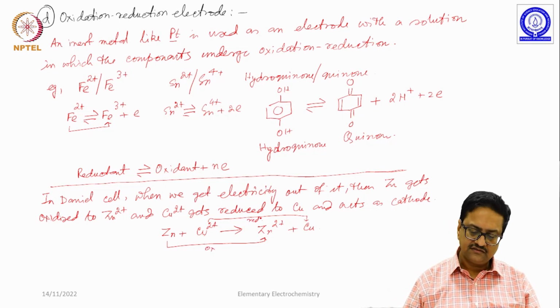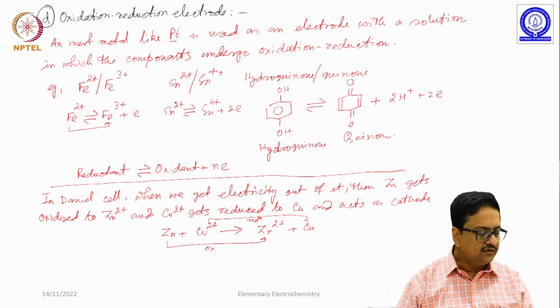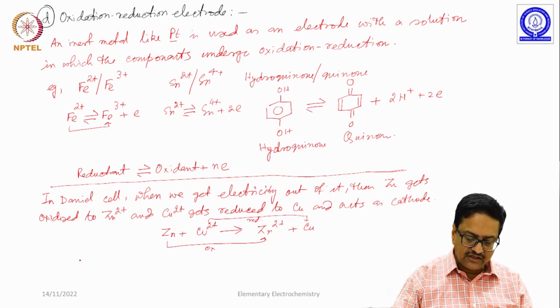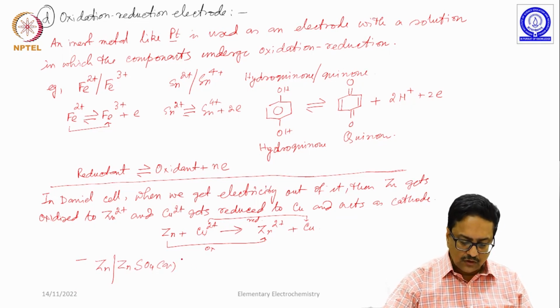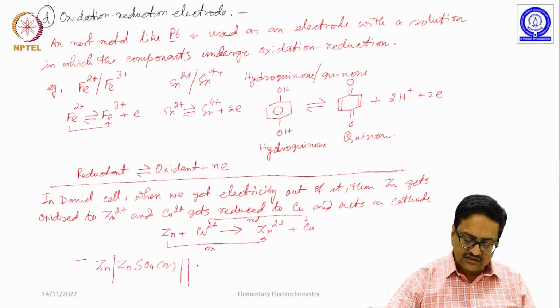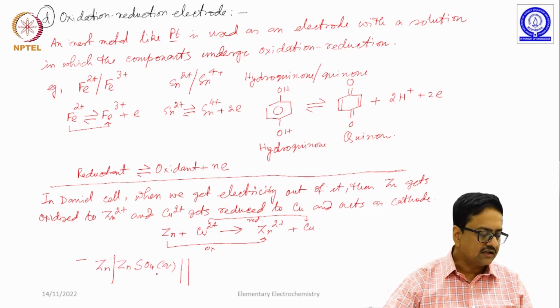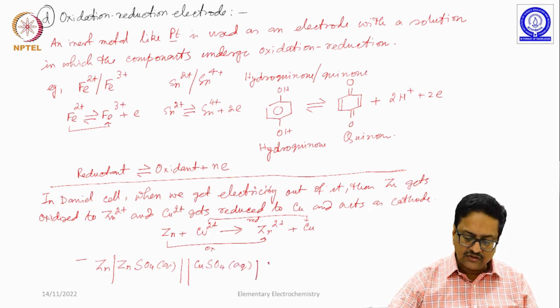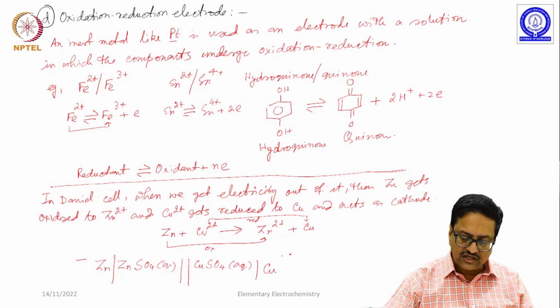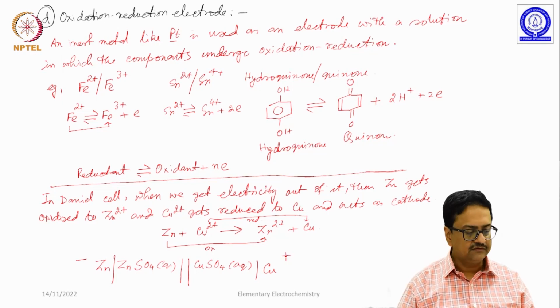If you try to write this cell in one line, one should write the negative electrode, that is the anode, on the left hand side, which is Zn in equilibrium with ZnSO4 aqueous, and it is kept in isolation but through a connection, which I will explain in a future lecture, copper sulfate aqueous in connection with metallic copper, which serves as the cathode, the positive electrode.